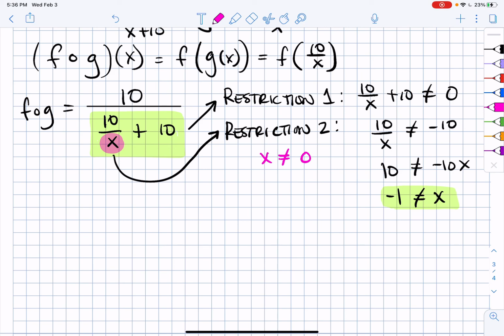So if I was to draw this on the number line, let's say there is negative 1 here and 0 here. That means at negative 1 there's going to be an open circle, and at 0 there'll be an open circle.